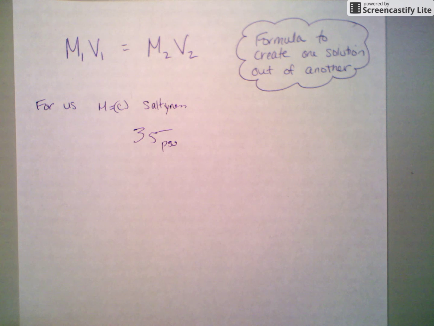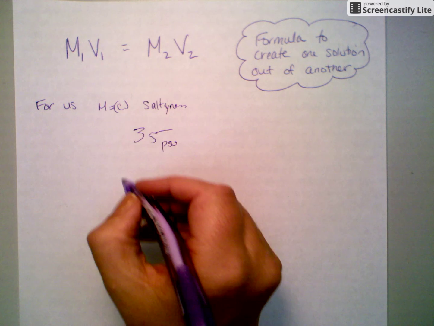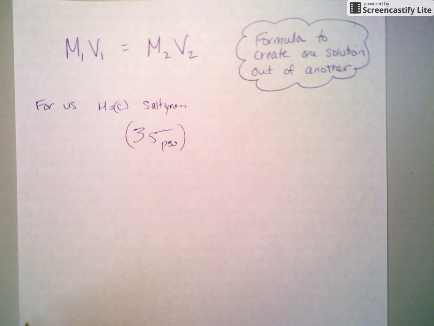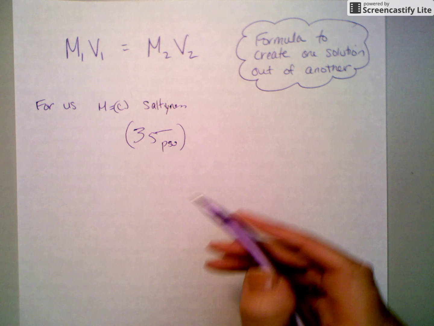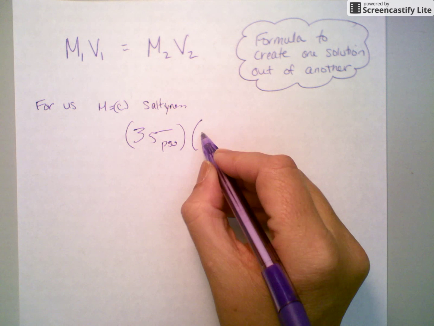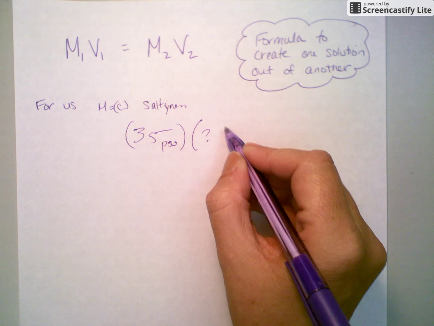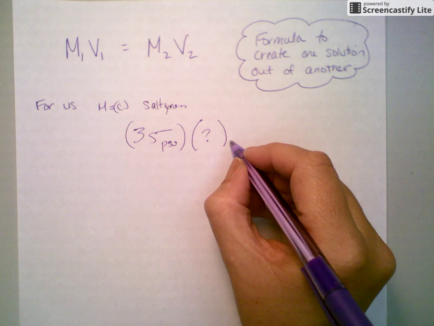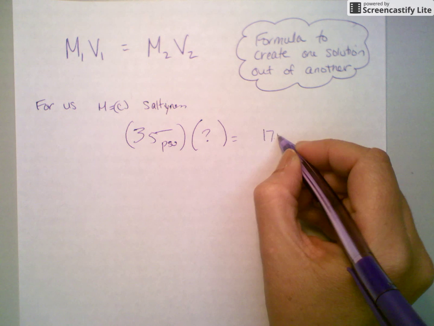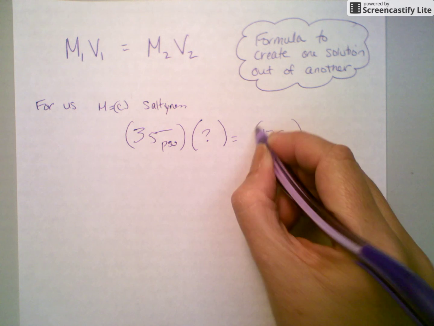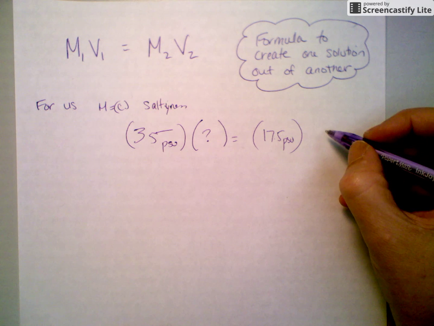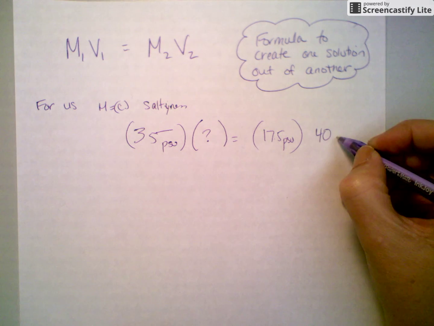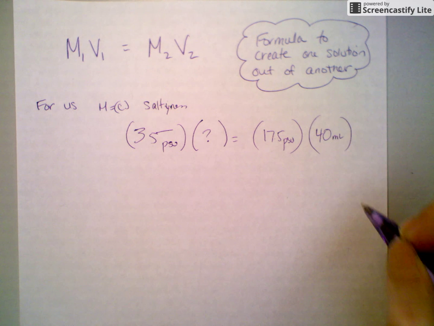So the way that we would figure this out is use that M1V1. So this is the original concentration of salt that we have, the big ocean water that's 35 PSU. And then we want to know how much of that do we actually need to use to create a 17.5 PSU solution. And let's say we need 40 milliliters of that. So 40 mLs at the outcome.